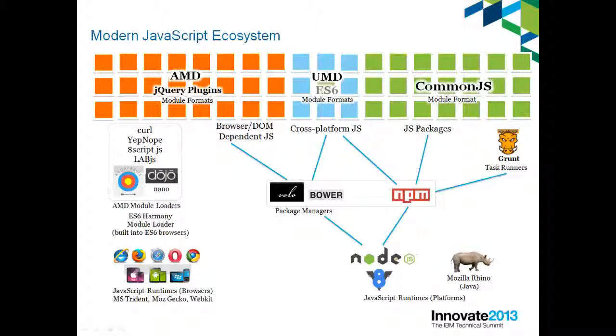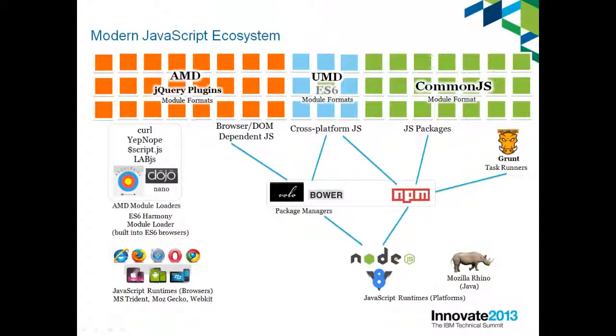It's a module system for JavaScript. Think of OSGi for Java. Because of this, you need something that can manage these packages for you. So you see Bower and Volo as package managers that can handle dependencies for you.